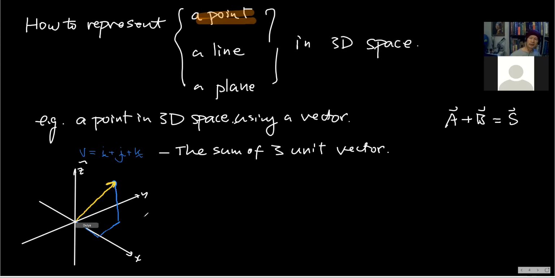Yes, you're right, that's a good idea. So basically, that is the sum of the 3 vectors. 1, right? And 2 is this one, the y direction. And then go to another unit vector. So in this case, you are just using 3 unit vectors. So that gives you a vector.